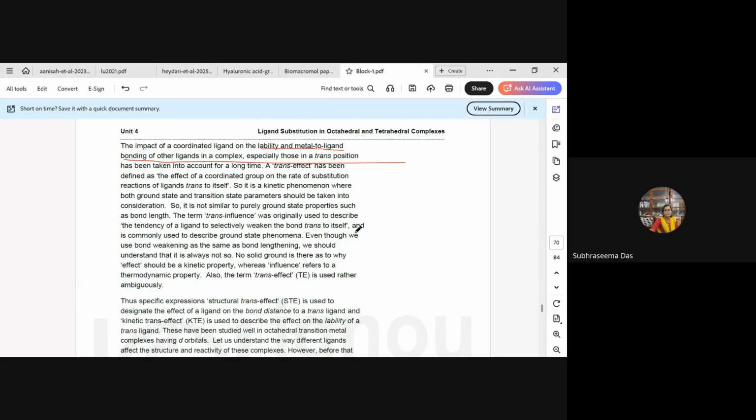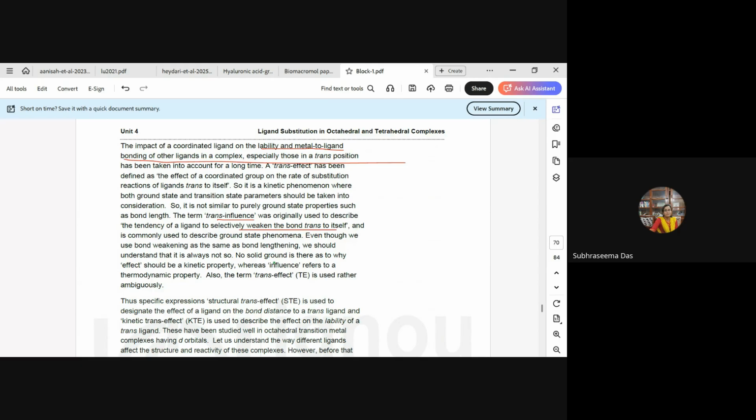A trans effect has been defined as the effect of a coordinated group on the rate of substitution reactions of ligands that are trans to itself. So it is a kinetic phenomenon. The term trans influence was used to describe the tendency of a ligand to selectively weaken the bond which is trans to itself, and it is commonly used to describe a ground state phenomenon.